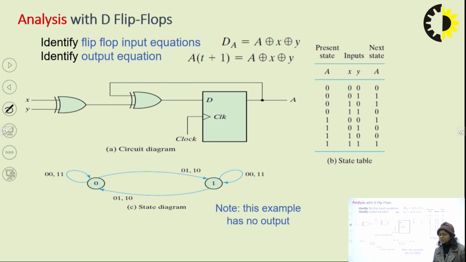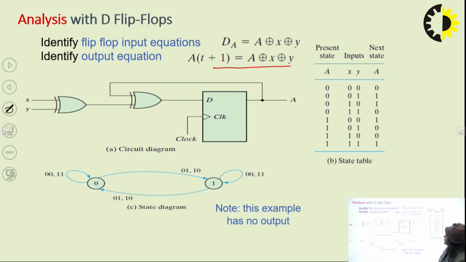We take one more example using a D flip-flop. Here the inputs are X and Y, and there is one flip-flop, so a single state A. The present state is A(t) and the next state is A(t+1).